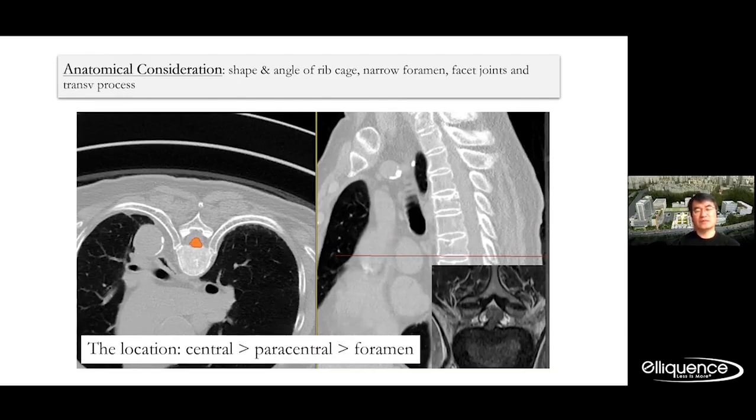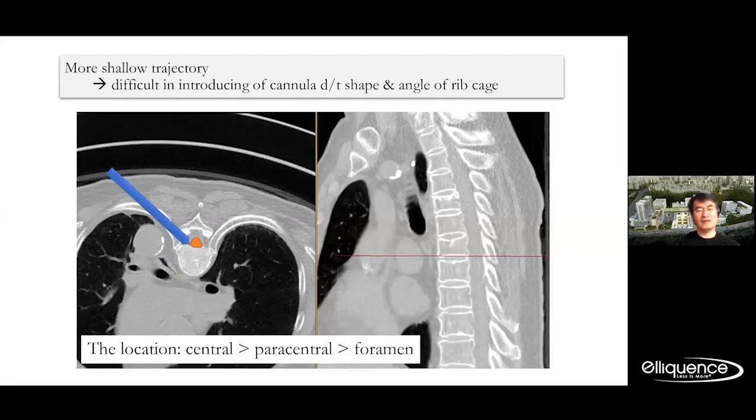In this kind of central disc herniation, once you approach with your endoscope, you can go through this way, but by this trajectory, you cannot reach the main part of the thoracic disc herniation. In the lumbar spine, it is possible to use the rubbering technique, right? But because of the rib cage and the shape and angle of the rib, it cannot be done properly, right?